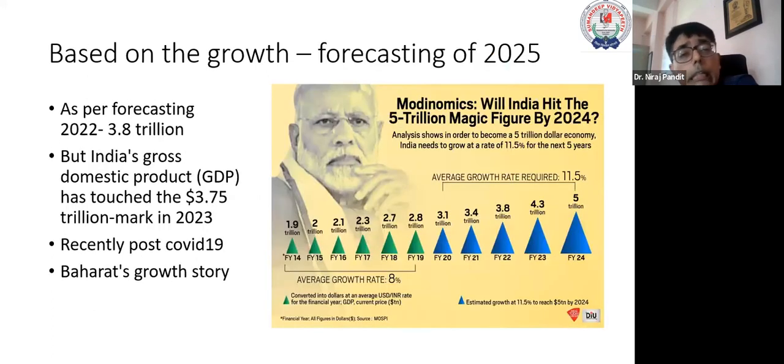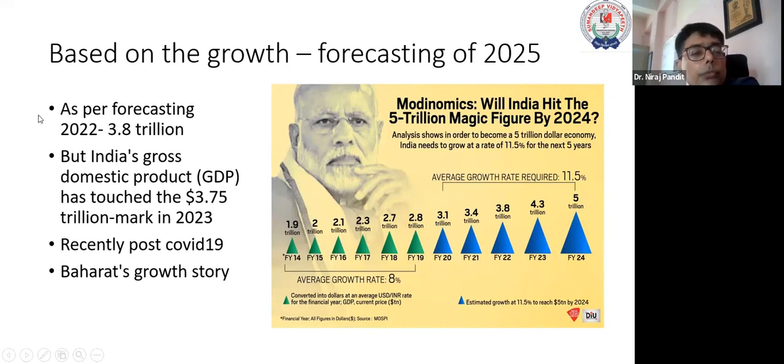This is the forecast given in 2018: 2.8 trillion in 2019, 3.1 in 2020, 3.4 by 2021, and by 2024, 5 trillion, with an average expected growth of 11.5%. We lost this completely because of COVID in 2020. So all this calculation is almost gone.